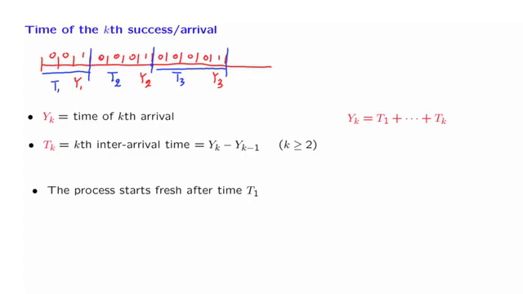So t2 will also be geometric with the same parameter p. Furthermore, because the process starts fresh, whatever happens in the future after this time is independent from whatever happened in the past, and so the random variable t2 will be independent from t1. And then by a similar argument, t3 will be independent from t1 and t2 and will also have the same geometric distribution.